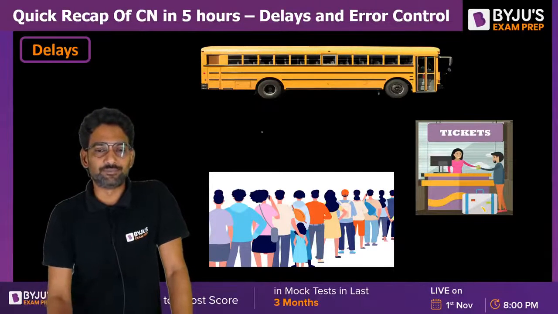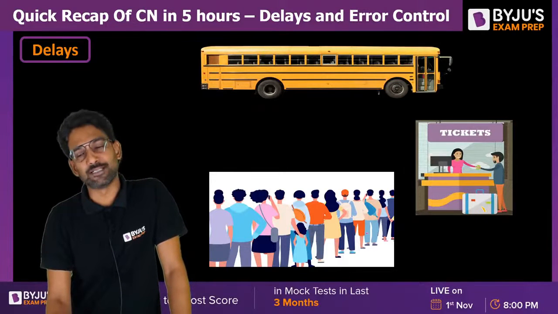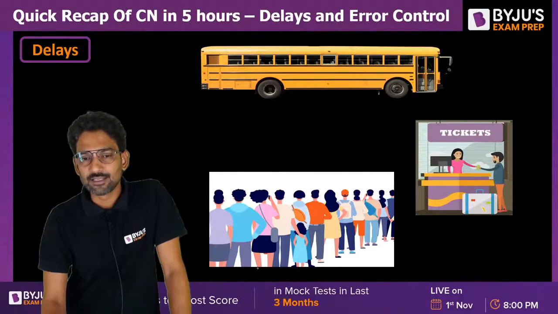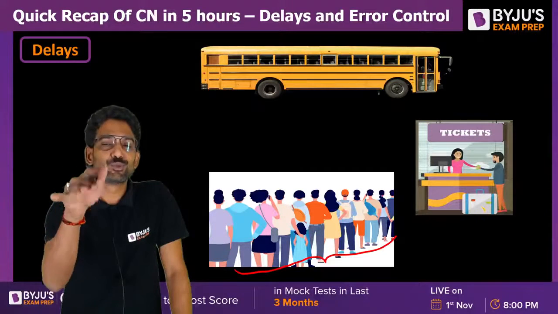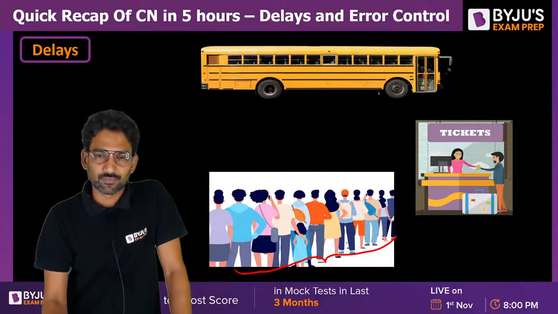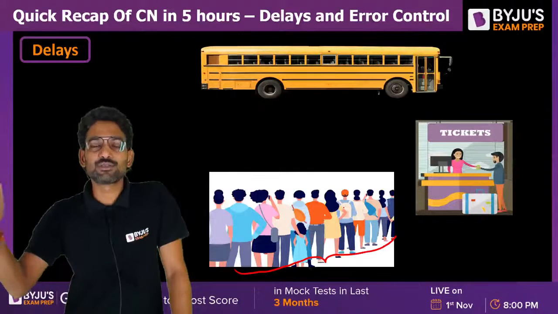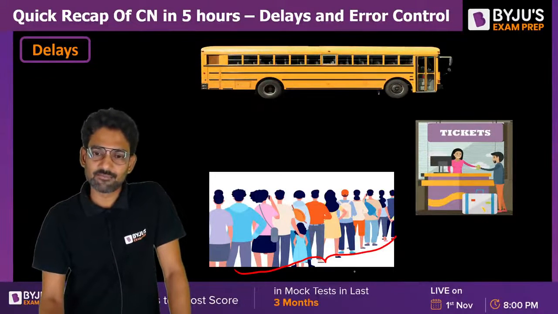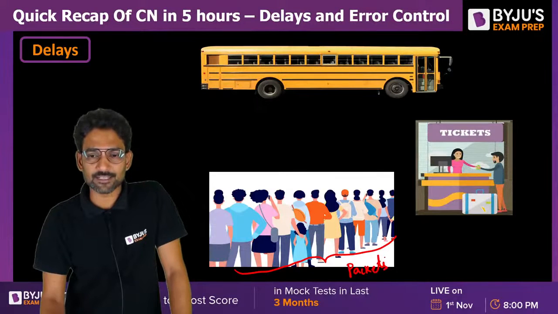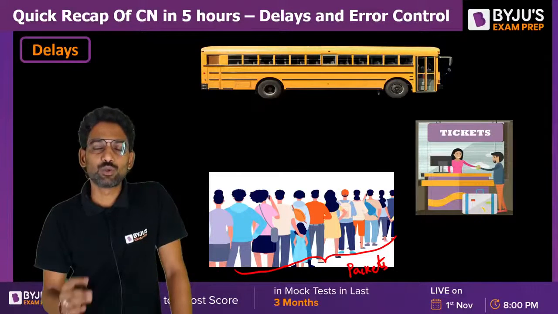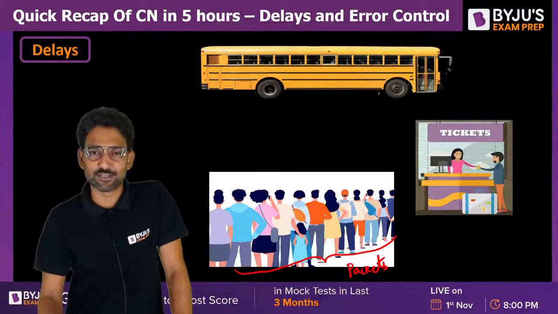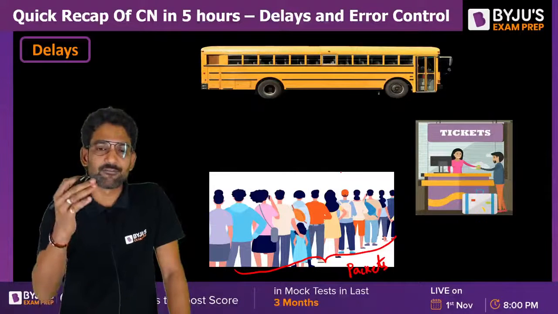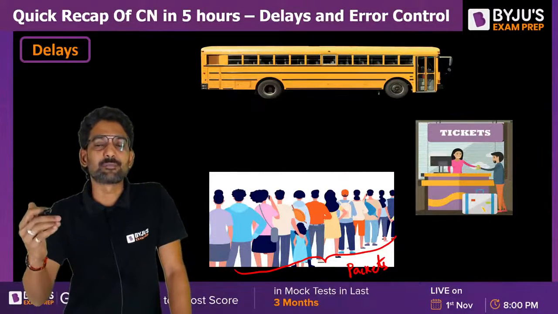First of all, queuing delay. See, these are all the passengers waiting to board the bus to travel to some place. In the same way, we will have so many packets to transmit to the destination, like every passenger, every packet.